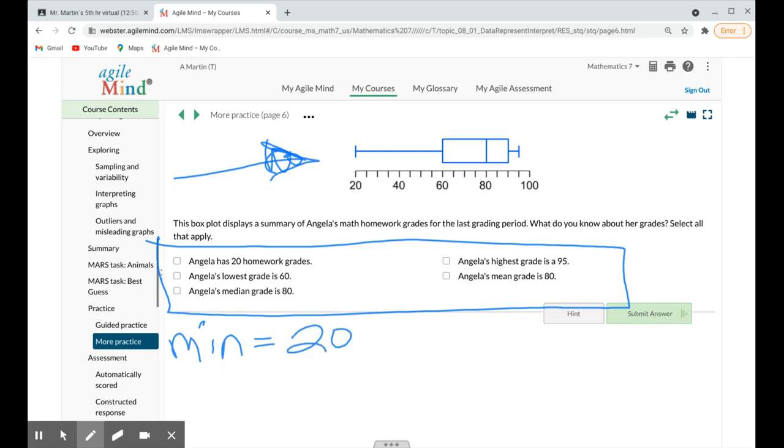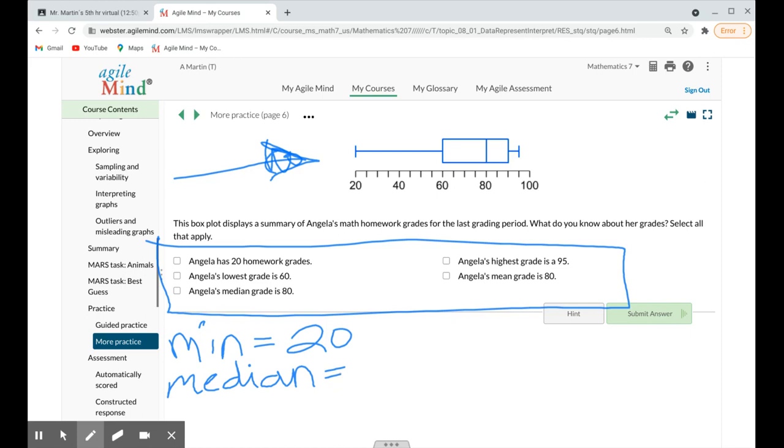Good. So the lowest grade she ever scored was a 20. What about the median? What's the middle of her scores? 60. 80. All right, we got a difference. Let's try to figure out why we got a different answer. I thought I said 60.